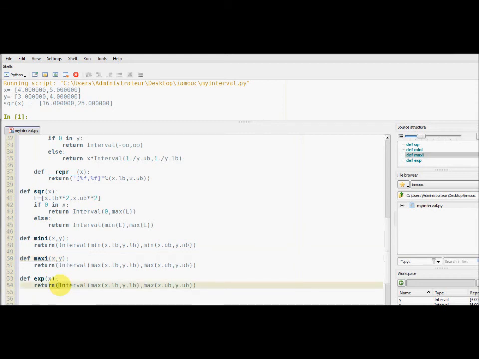For the exponential, I will have to return the exponential of x dot lower bound and x dot upper bound.